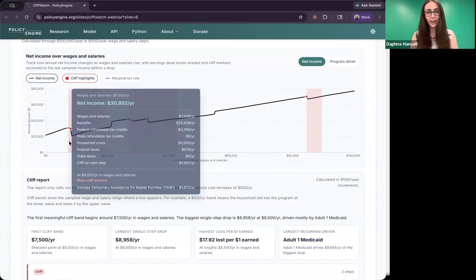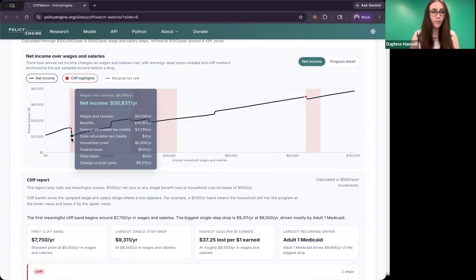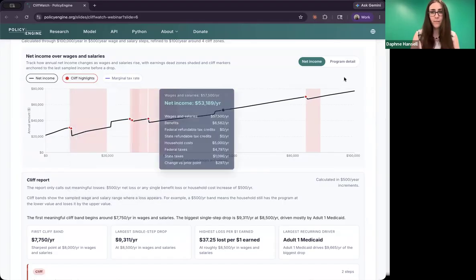Our first cliff here is TANF. At $7,500 a year of income, the household loses TANF entirely. Then just after that, at another $500 of earnings, so $8,000 a year of market income, the household loses Medicaid for the parent, the adult Medicaid, but the child stays on Medicaid.